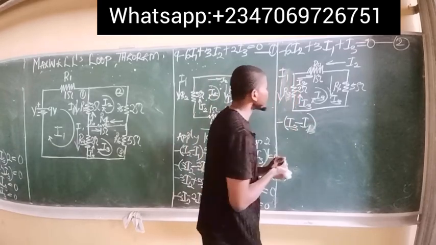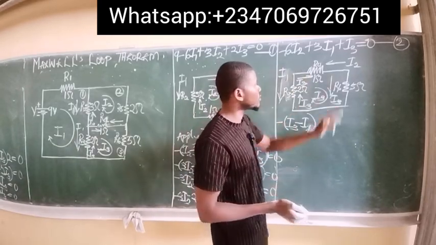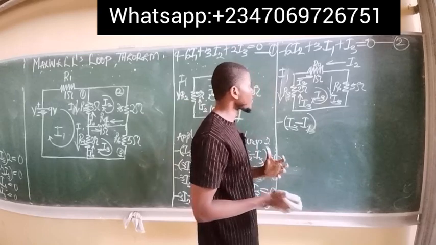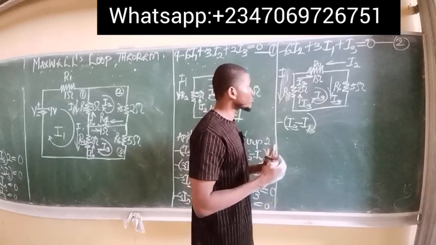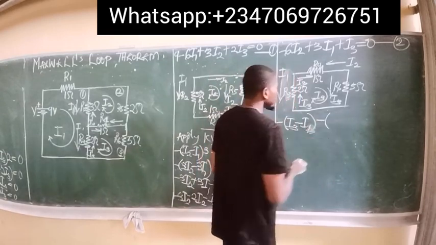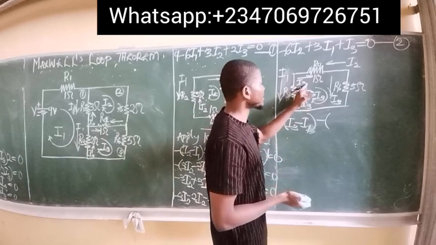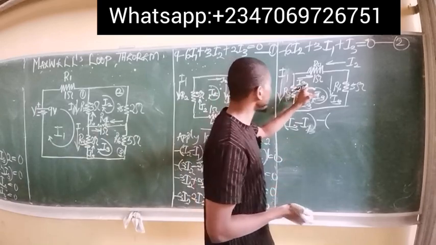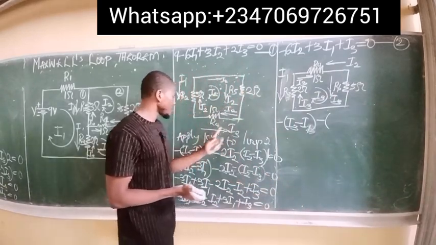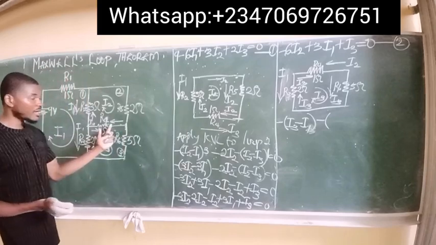minus, again, I have this current I3 flowing through the R4 resistor, which is 1 ohm. Because a current flows through a resistor, we also have what? A potential drop. So you put down your minus. But notice now that it is not only I3 that is flowing through that resistor. We also have I2 flowing through the resistor in opposite direction, as can be seen on the main diagram.